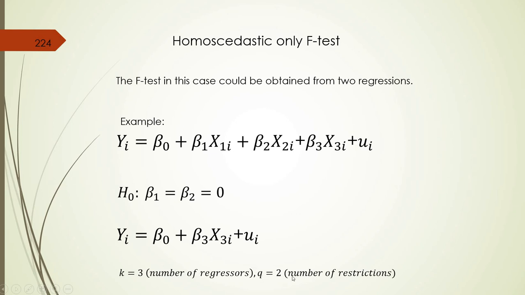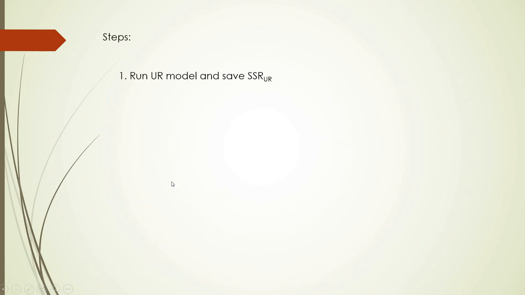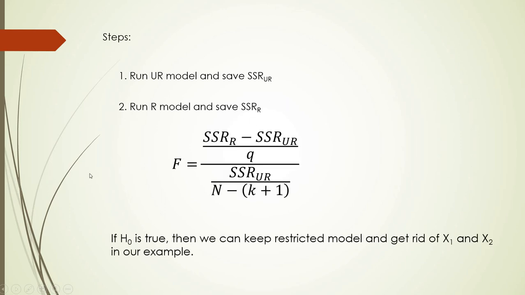So we have again Q is 2, number of restrictions. We can run unrestricted model and save the sum of squared residuals and also do that for the restricted model. And then we can calculate F and compare it with the critical value of F.